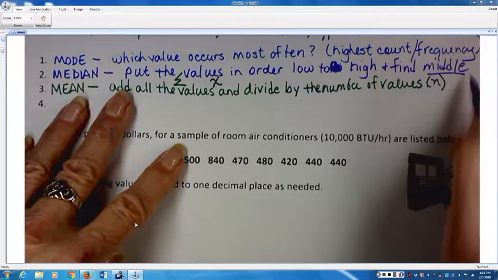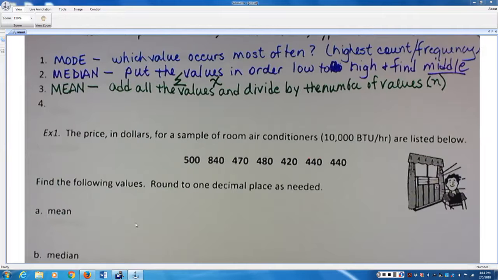You're finding the middle value, but you have to put them in order from low to high first.